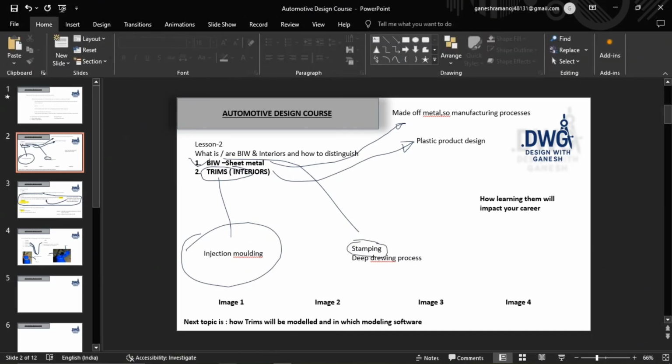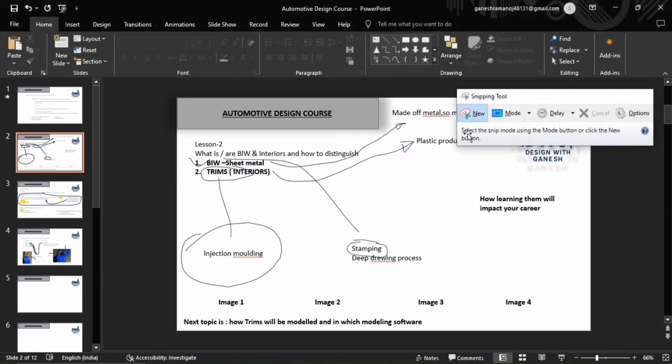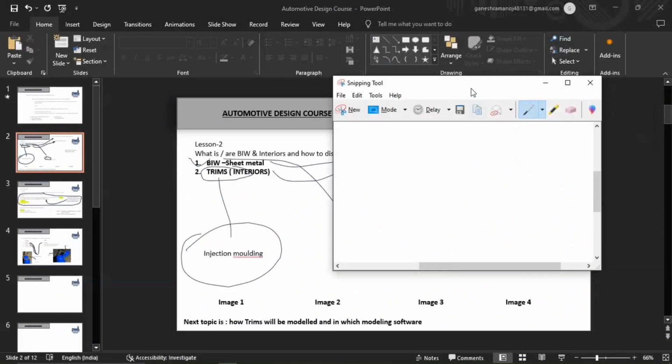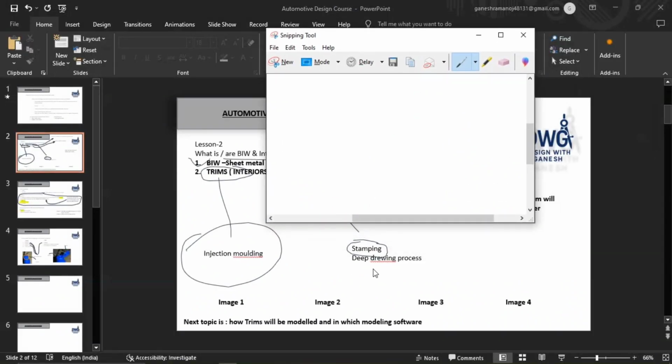Let's take one more snip. In the stamping process, you will have a sheet metal part, approximately 0.6 to 0.9 mm thick, which is a planar surface, not having any bends.